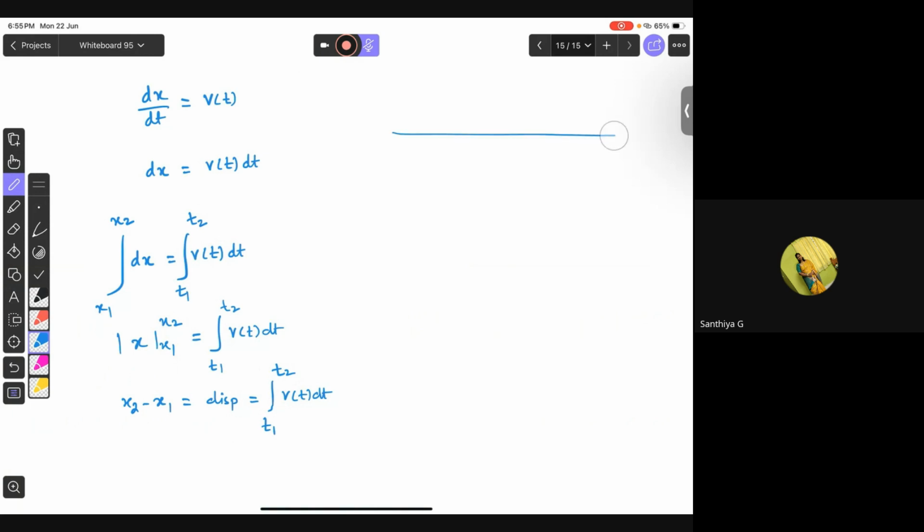Suppose I take a case, particle starts from suppose x equals 0, or maybe from any place, and always moves in positive direction. Velocity always positive. After some time reaches x equals 10. Maybe starting not from 0, suppose starting from x equals 3. Now if I ask you what is the displacement, it is 10 minus 3, which is 7.